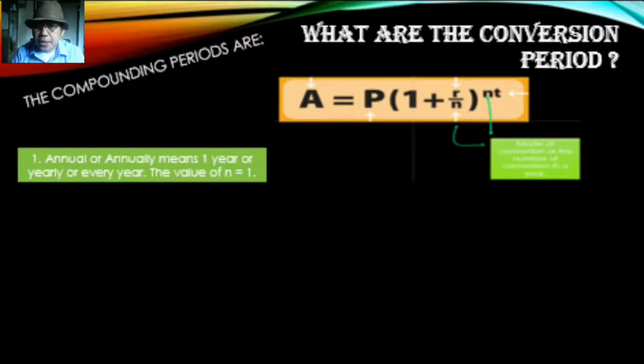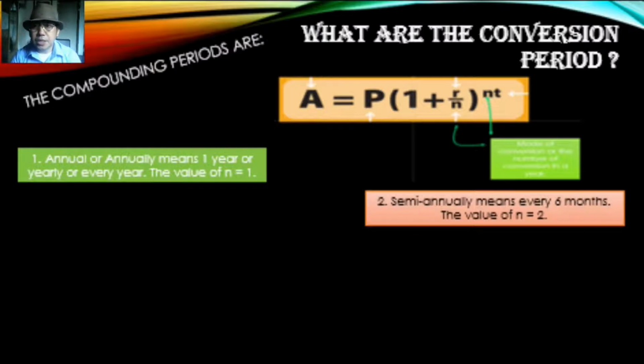Number one is annual or annually, which means 1 year, or yearly, or every year. Now, what is the value of n? It says in here the value of n is equal to 1. The next compounding period is semi-annually. So what do we mean when we say semi-annually?